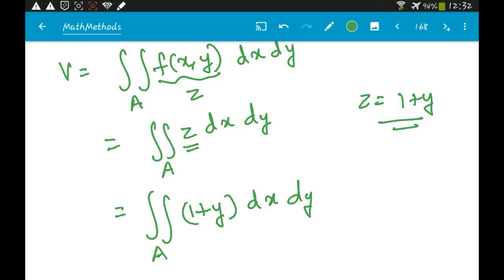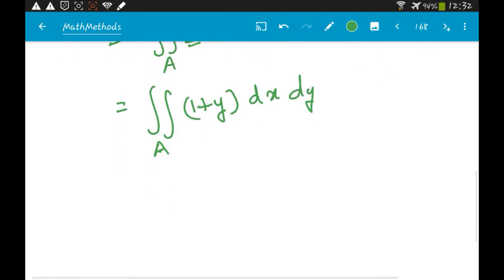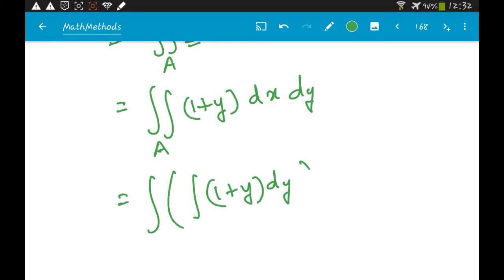Okay. Now let's compute this. Okay, so we can change this into two parts. First we have 1 plus y into dy, and this whole thing is integrated over dx.